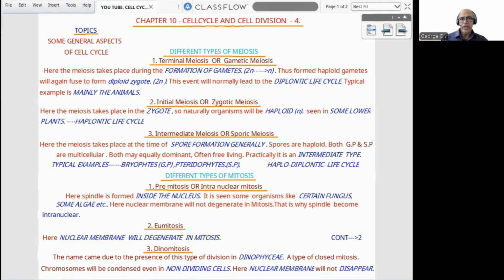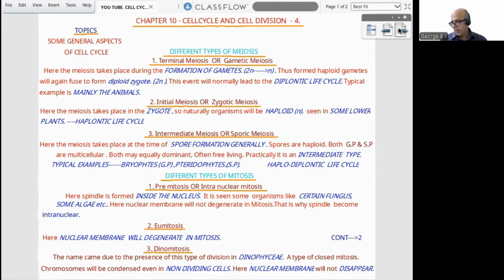Then next, that we have to learn in plant kingdom also. Next we proceeded to different types of mitosis: pre-mitosis, what are the features, then eumitosis, the true one. Then denomitosis, how the term came. Then why the nucleus is called mesokaryon.